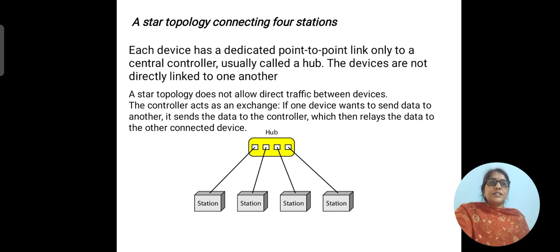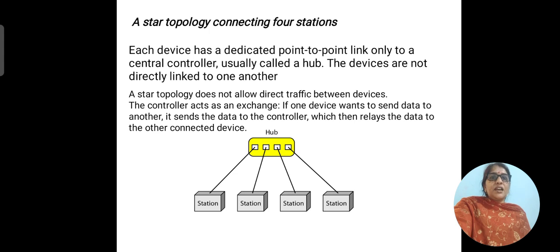Next is star topology. As we know, in a star topology, each device has a dedicated point-to-point link only to a central controller, usually called the hub.